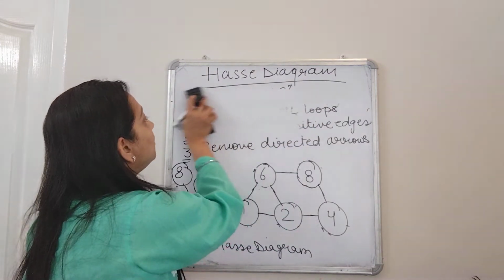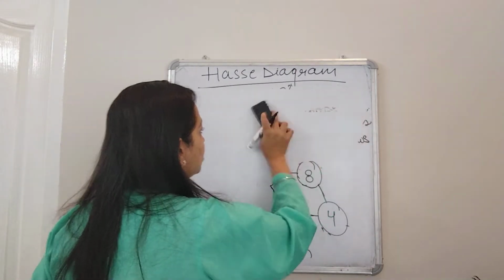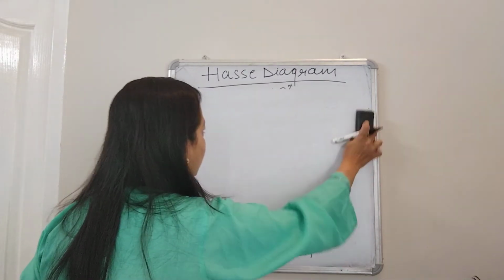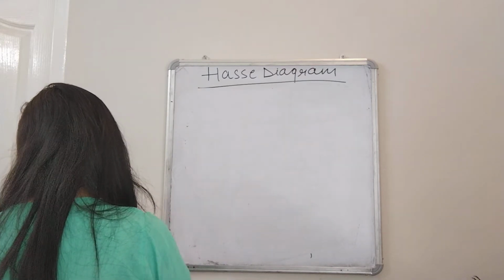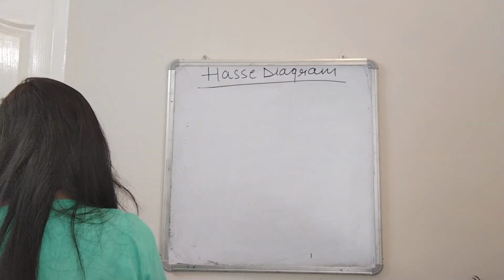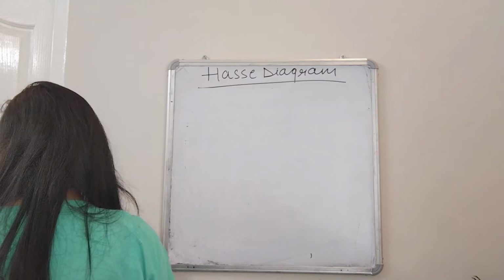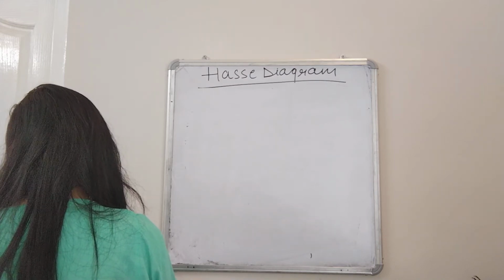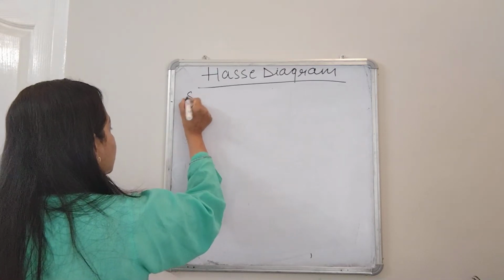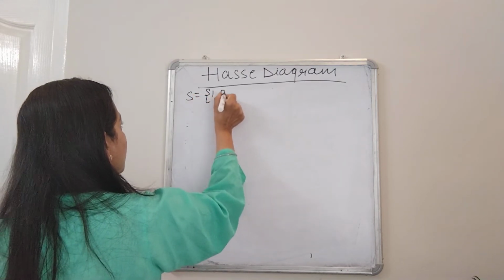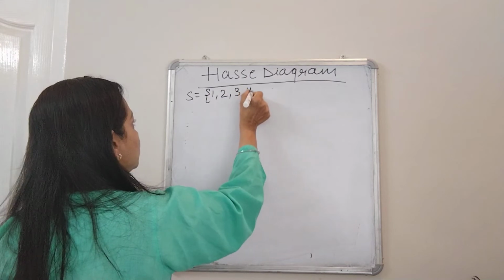Now let's see one more example of how we can draw a Hasse diagram. We will see one more problem. Okay, now let us assume I have a set which has elements 1, 2, 3 and 4.